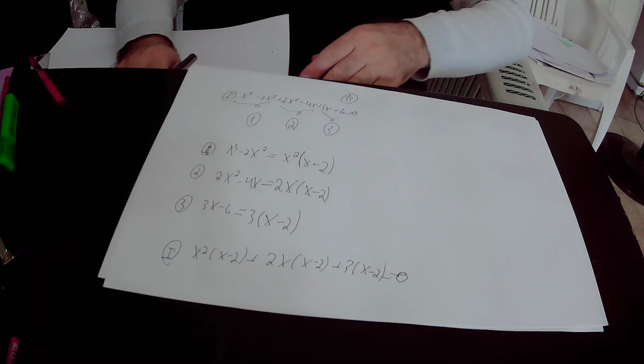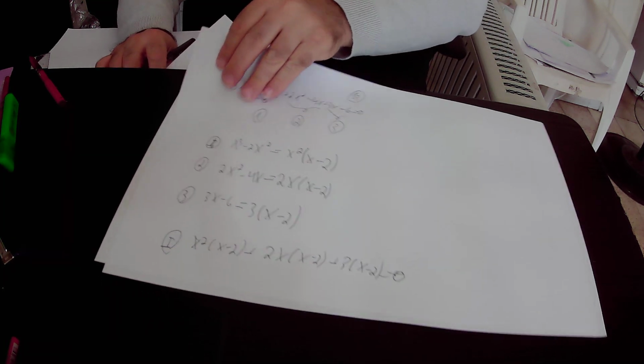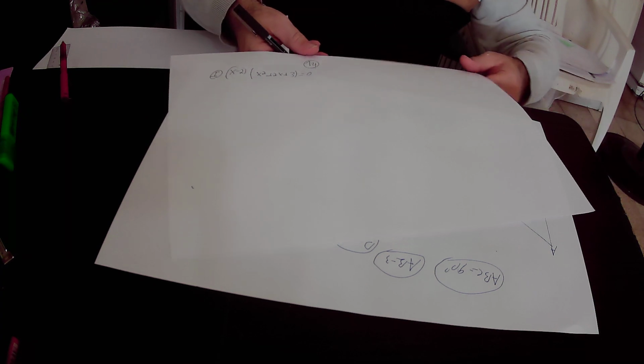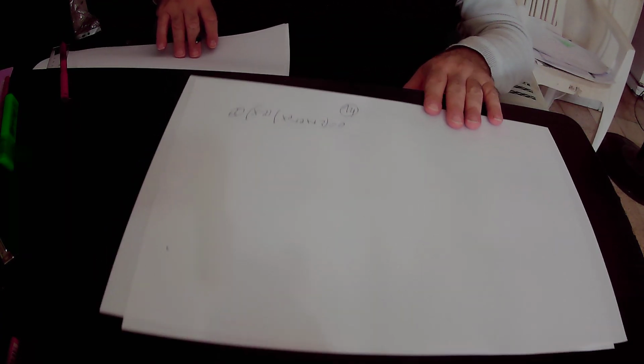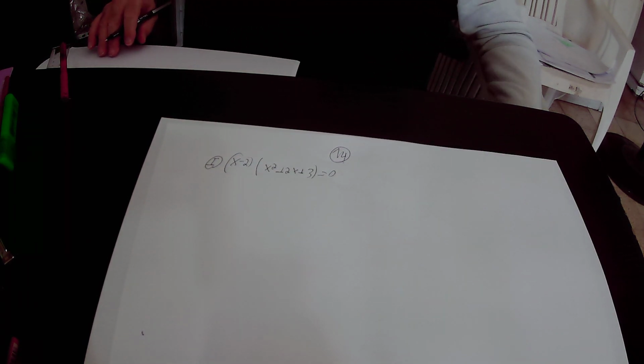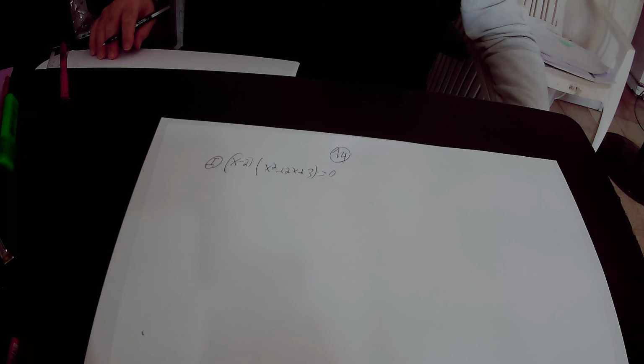So in total, we got x minus 2 times x squared plus 2x plus 3 equals 0. Here we have two possible solutions from equation number 1.